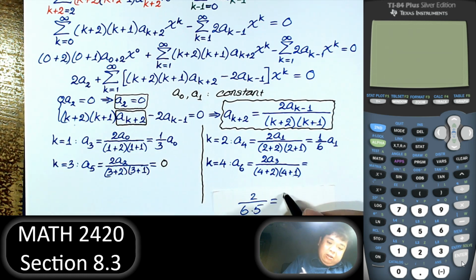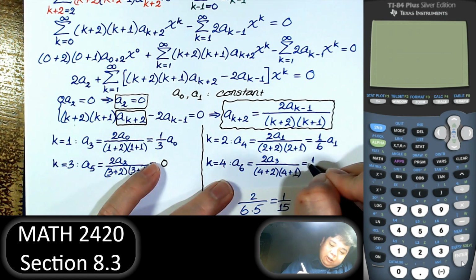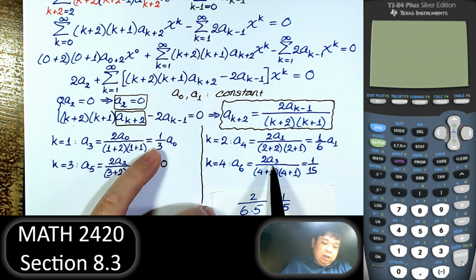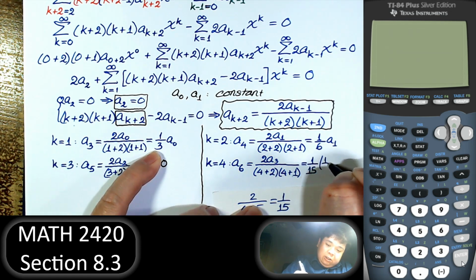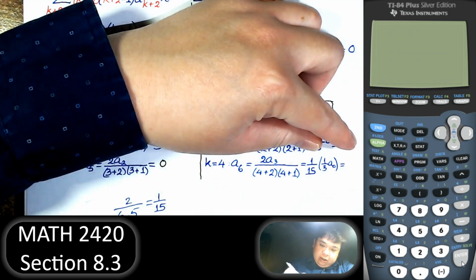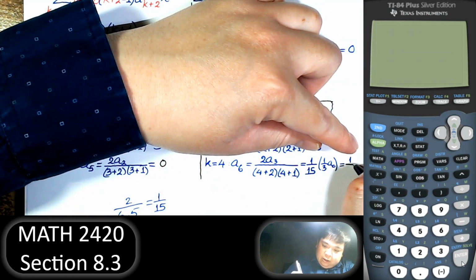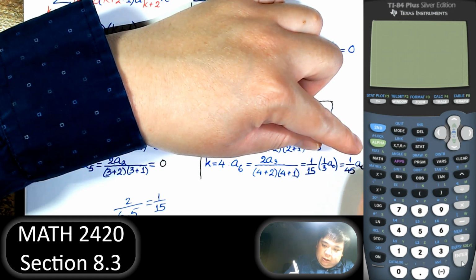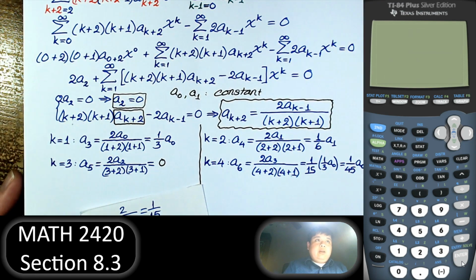So that is 1 over 15, right? Yep, 1 over 15. A3 is what? 1 over 3 a naught. Will be 1 over 45. Right, keep going.